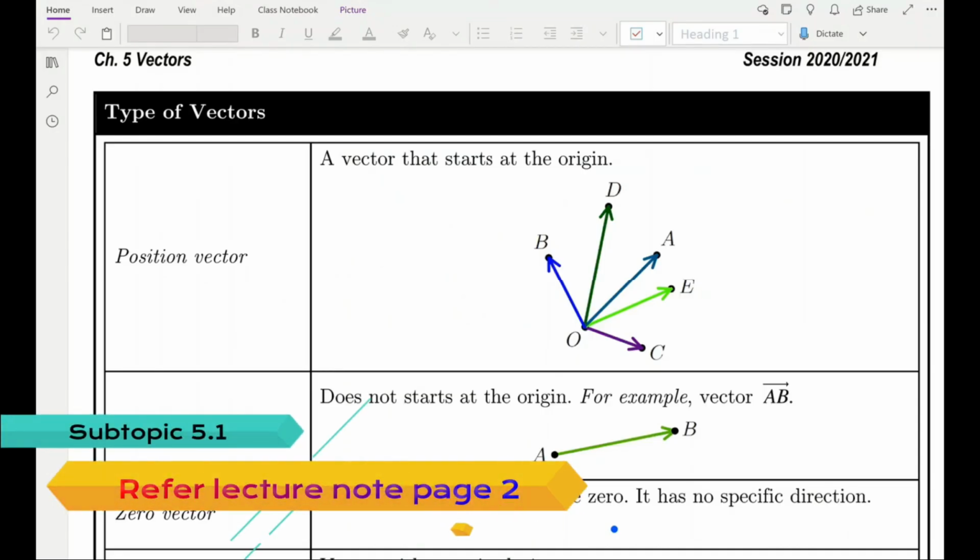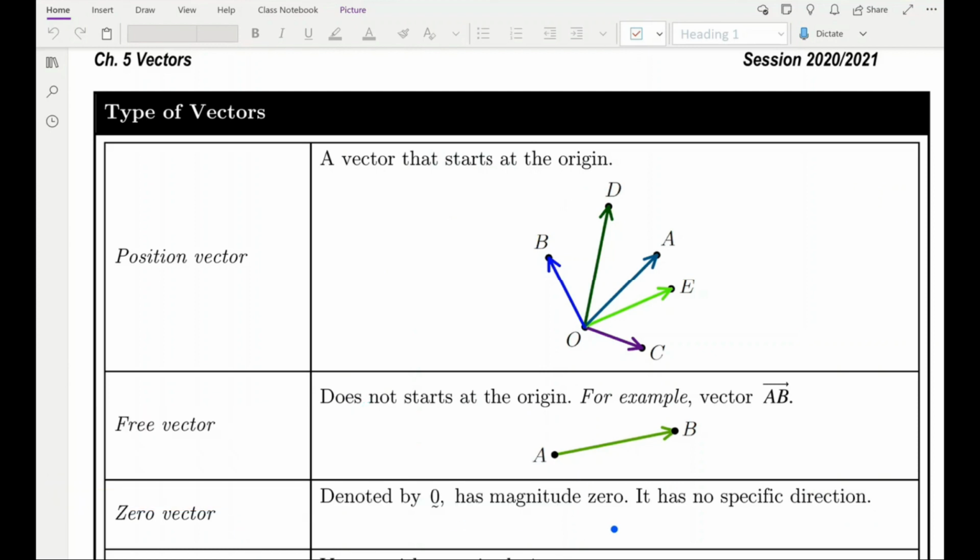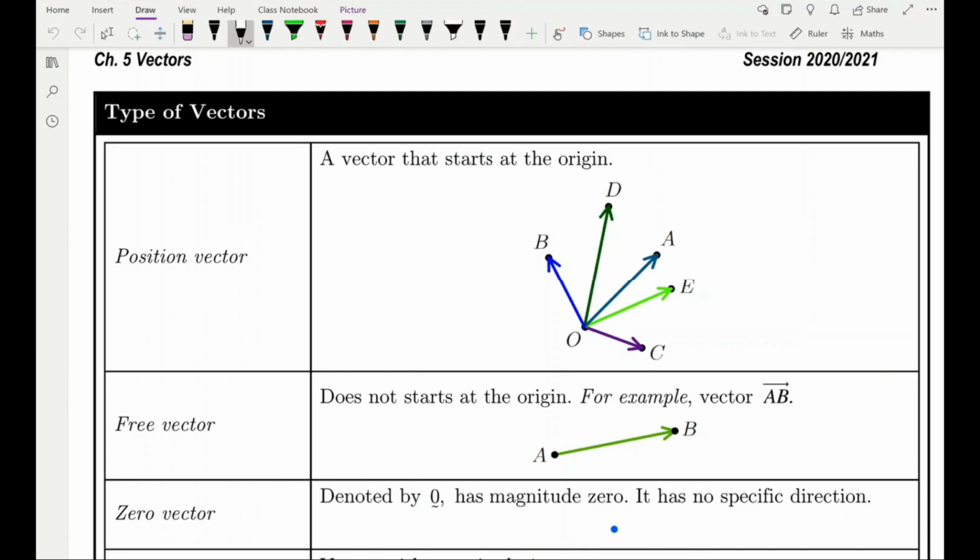First, we have the position vector, which is the vector that starts at the origin. Let's say this is our vector, and it must start from the origin, which means x-axis, y-axis, and z-axis are at 0.